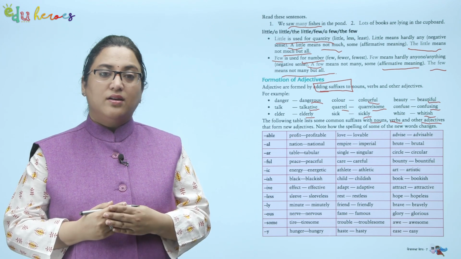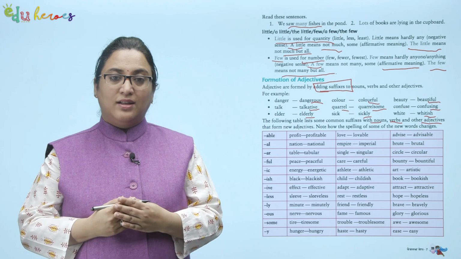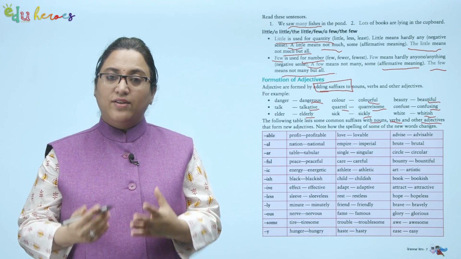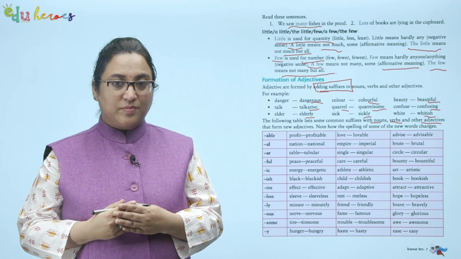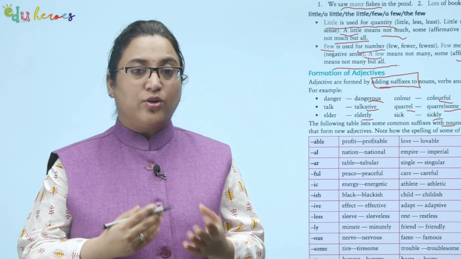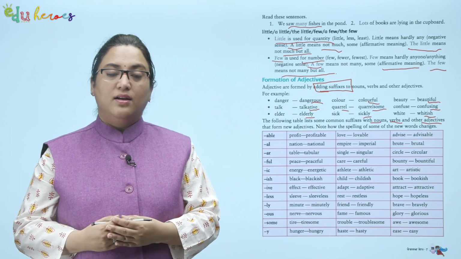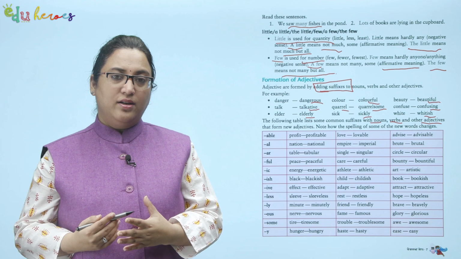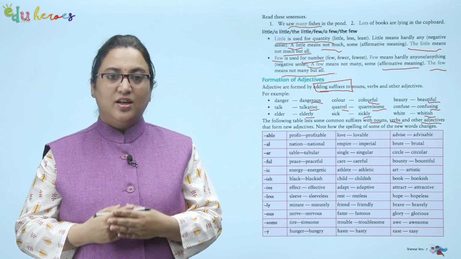LESS. The suffix less means not or without, like sleeve, sleeveless, rest, restless, hope, hopeless. So if you know the meaning of the suffix, you can also understand the meaning of the word. LY. Minute, minutely, friend, friendly, brave, bravely.